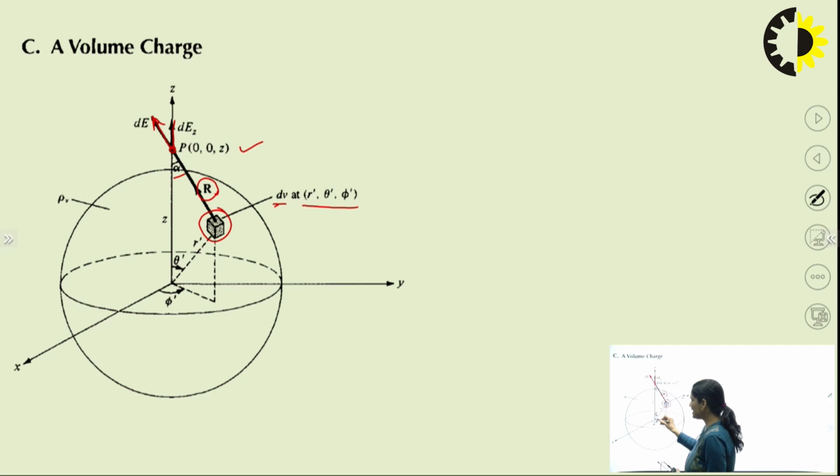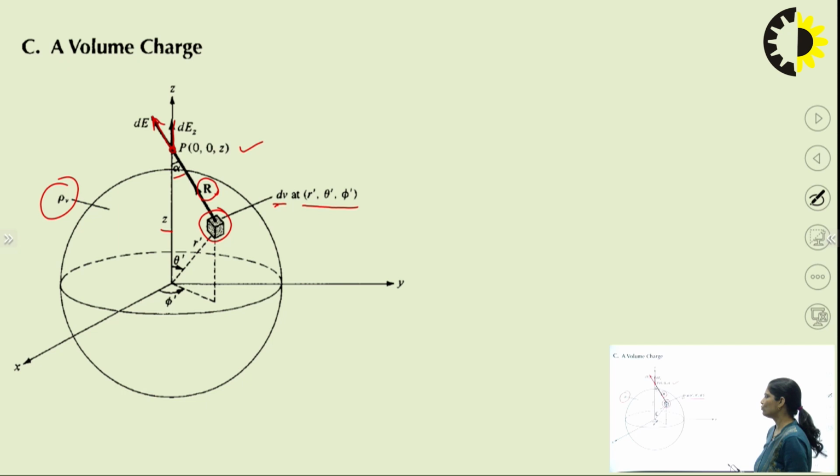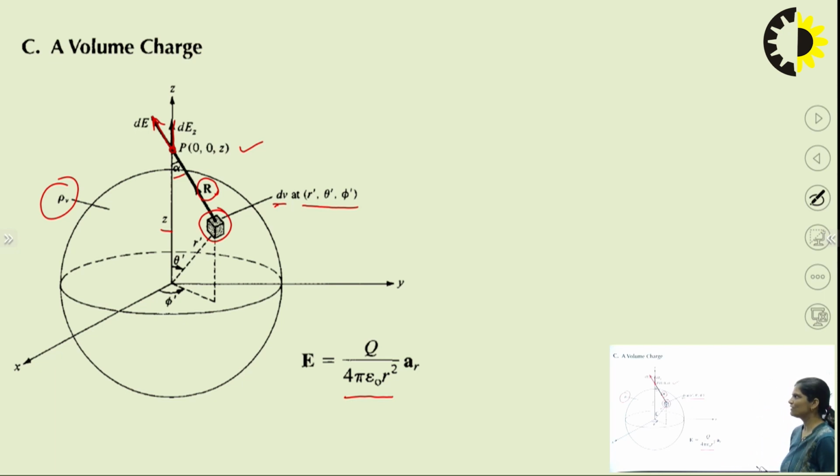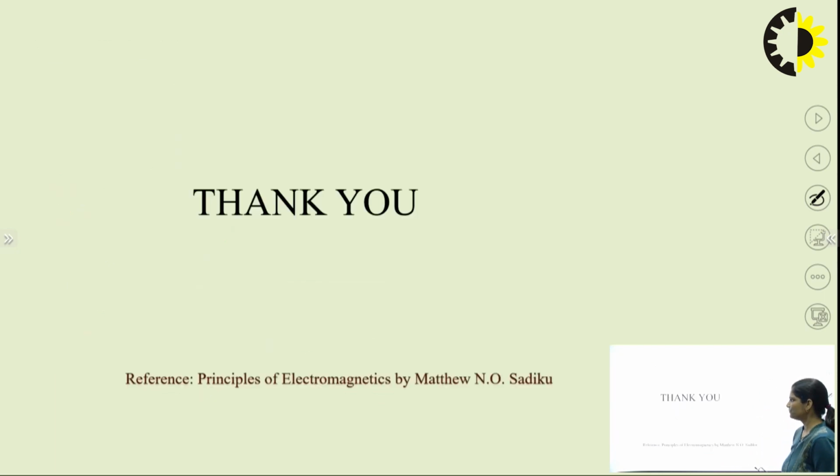Its charge distribution, or charge density, is represented as rho V. So find out the electric field intensity in this volume charge. Very similarly, you can do it as we have done for the point charge and surface charge. So you can find the electric field intensity for this volume charge and you will get this result. E is equal to Q upon 4 pi epsilon naught R square unit vector of R. So similarly you can find it for volume charge. Thank you.